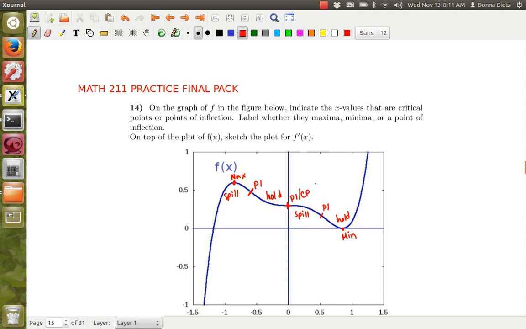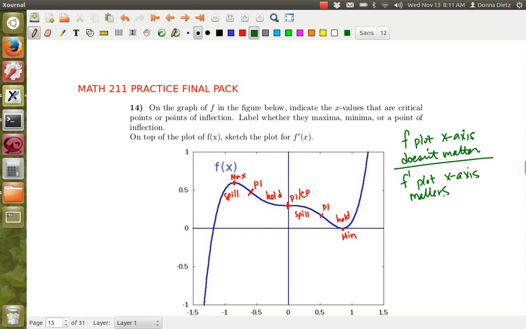Okay, then on top of the plot, I'm going to switch colors here to, let's say, green. So if you remember the f plot, then the x-axis doesn't matter as far as plotting derivatives and whatnot. But the f prime plot, the x-axis matters a lot.